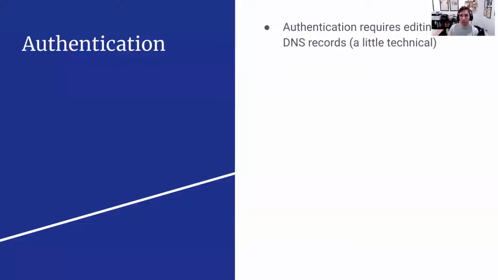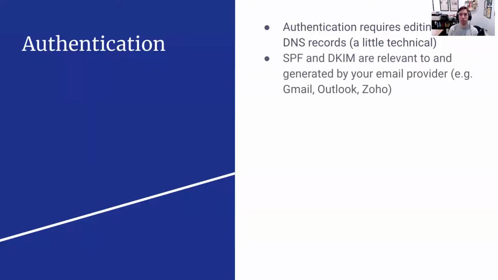It's a little bit technical, but we have some guides on this, and I'm going to talk about it also. But there are certain records that can better impact your email deliverability. The three are SPF, DKIM, and DMARC records.